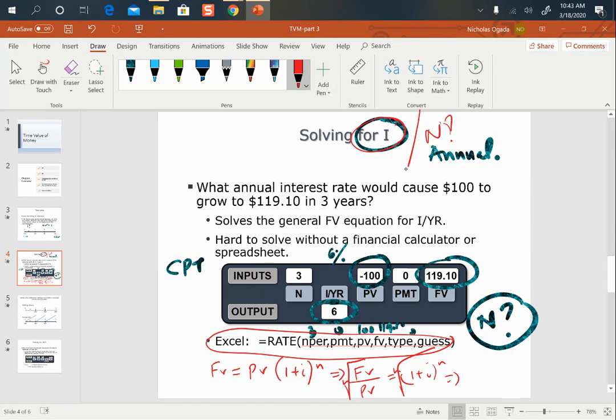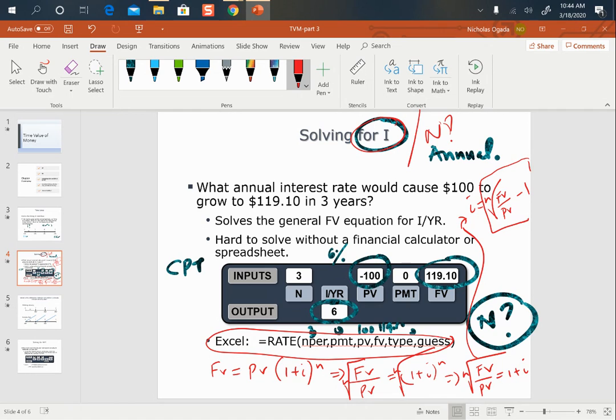What you end up with is the nth root of the future value divided by the present value being equal to 1 plus I. To determine what I will be, or making I the subject, you take the nth root of the future value divided by the present value, and then you minus 1. This is the formula you'll need to determine I if you have to use the formula.